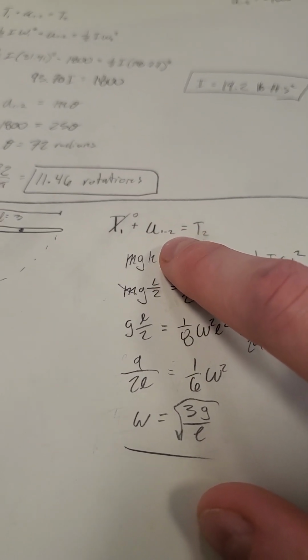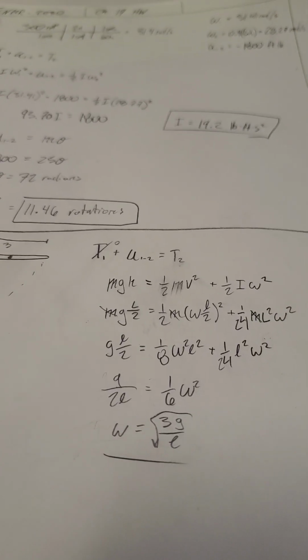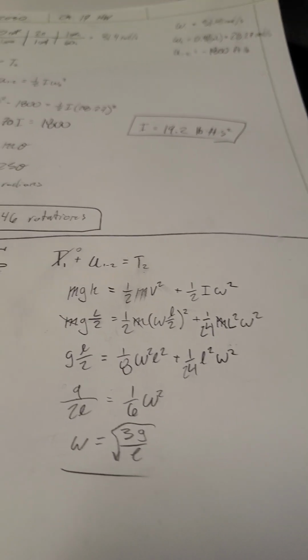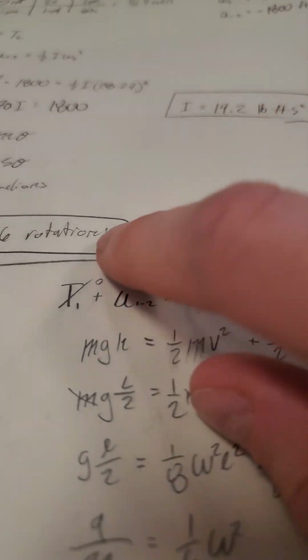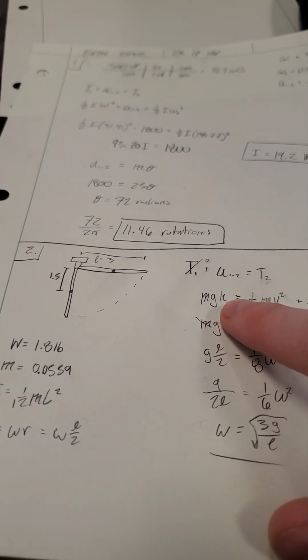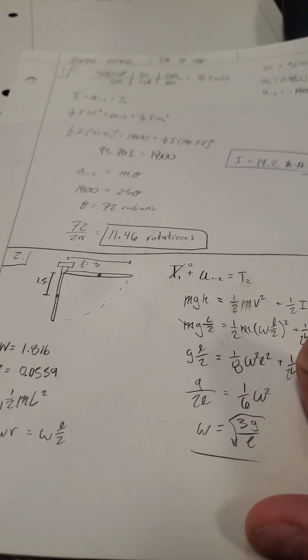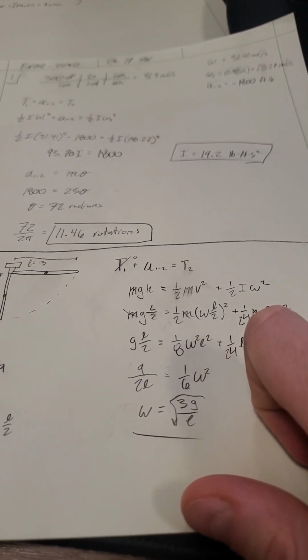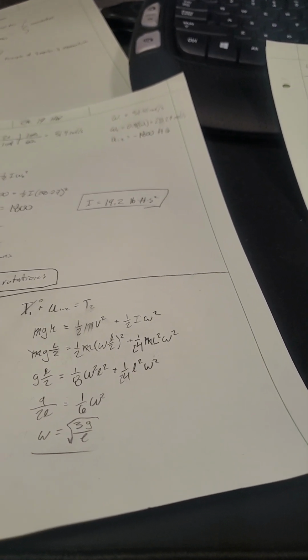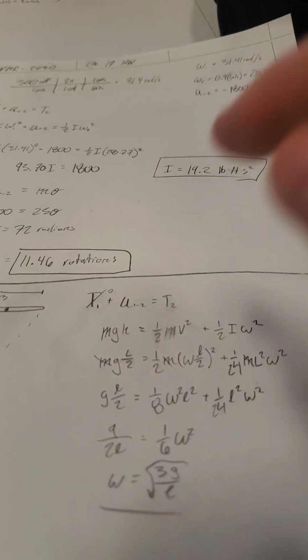So to solve for it symbolically, we're gonna have the same equation. So the work done from moving from position 1 to 2 is going to equal the kinetic energy at the end. And it says it starts from rest, so we know that this is going to be 0. The potential energy is going to be mass times gravity times height.